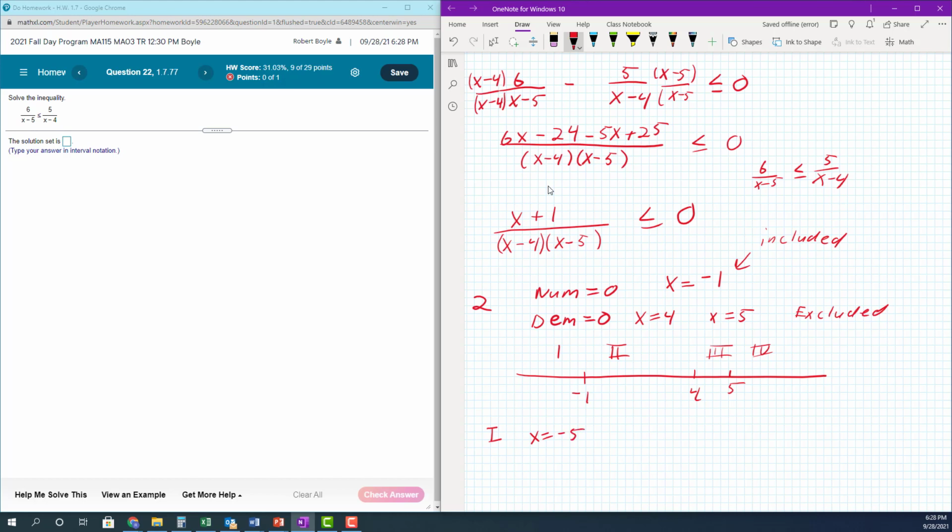If we do, we will have 6 over -5 minus 5 is less than or equal to 5 over -5 minus 4. And that will become -6/10 is less than or equal to -5/9.